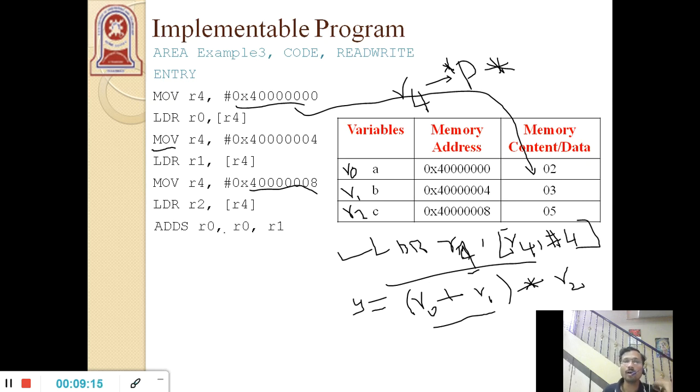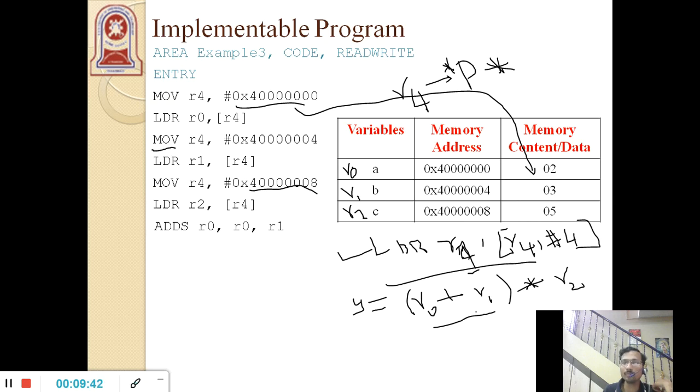So ADDS R0, R0, R1 and the result is going to be stored in R0 itself. The suffix S is there because if there is any 32-bit data in R1 and R2, the higher number, then obviously a carry will be present. So I need to check whether a carry is going to be generated or not. That is why I am considering S as a suffix.